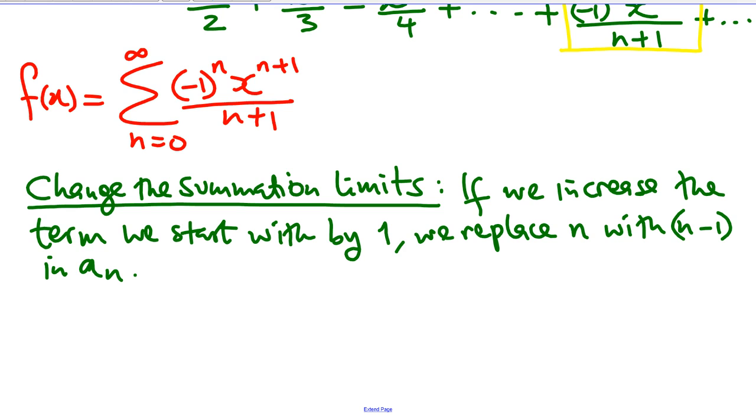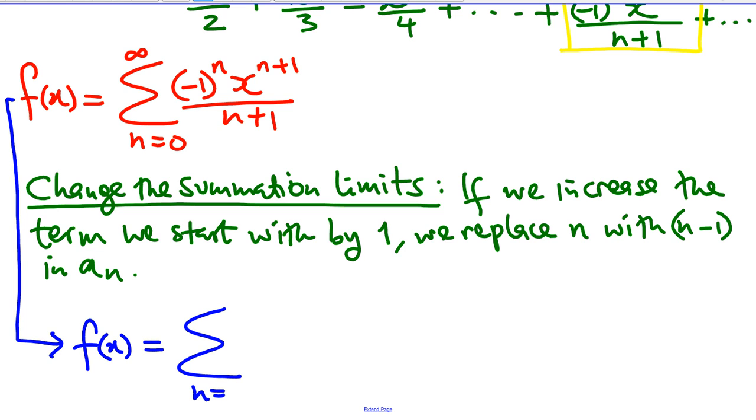So which means from this bit, use a different color for that. From this bit, I'll end up with this. f of x will be equal to the summation from n equals 1 to infinity. And now remember what I'm going to do. I'm going to replace n with n minus 1 in s sub n. Okay, so which means in place of n in s sub n, I'm going to replace it with n minus 1.